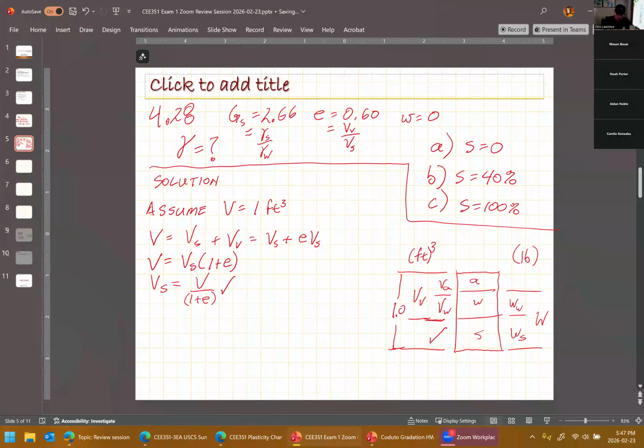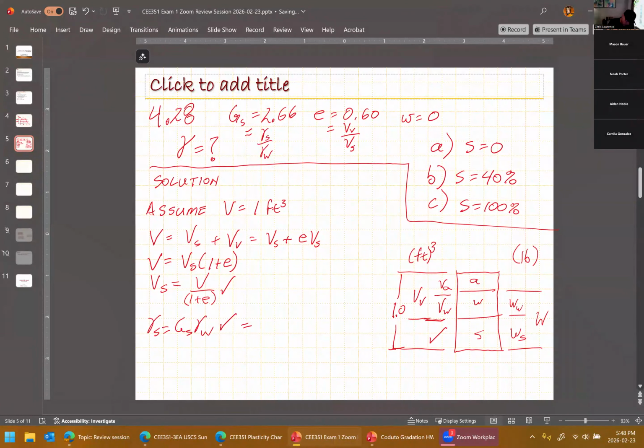Why is that important? Well, I have GS, and therefore gamma S equals GS gamma W. Now I can get that. 2.66 times whatever is water, right? 62.43 pounds per cubic foot. So now I've got that value.